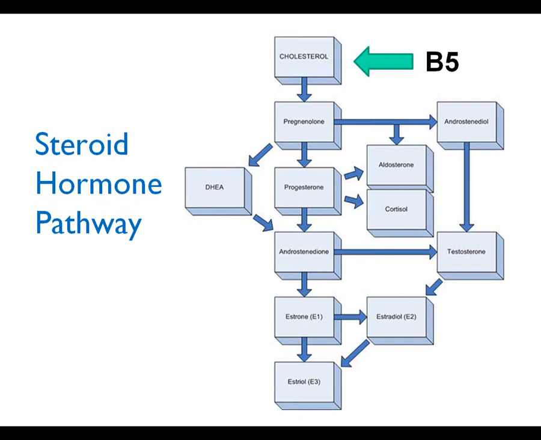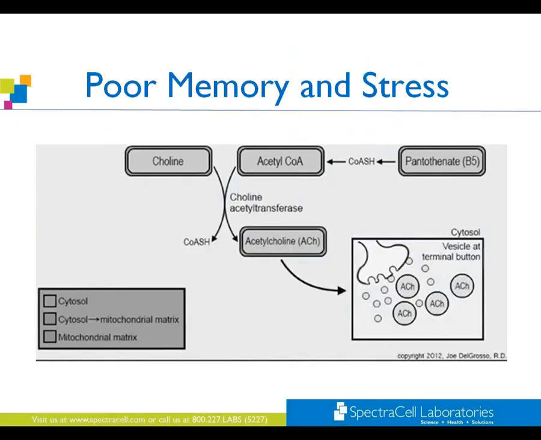And then from pregnenolone, it's really dependent on where the demand is. From a stress profile, we're looking at cortisol, but if there's a need for increased anabolic response, you move into things like your androstenedione, DHEA, testosterone. But B5, just know when you see that going down that there's a strong potential that that's feeding that steroid hormone pathway, and that's one of the likely reasons you're seeing that drop.